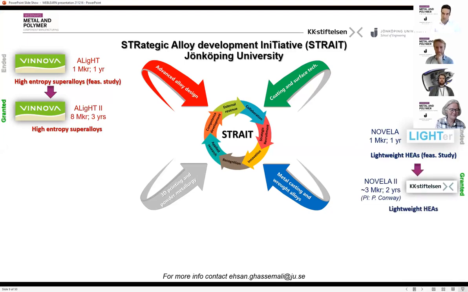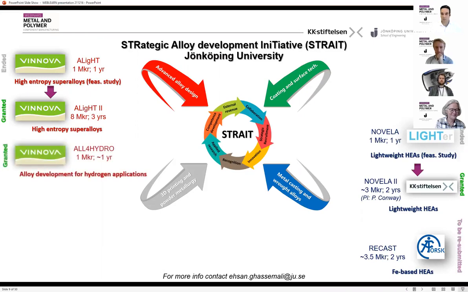It is running right now, and the principal investigator is Patrick, who is also presenting today. Again, it looks into details of how we can use the high entropy concept to develop lightweight alloys. In addition, we are also trying to use the same concept for the development of iron-based alloys, as well as looking at different applications.